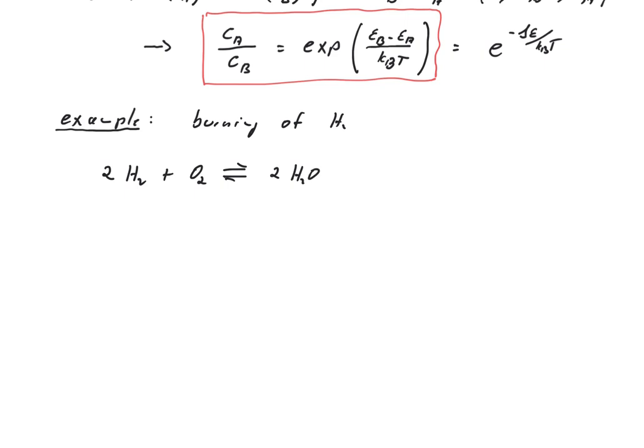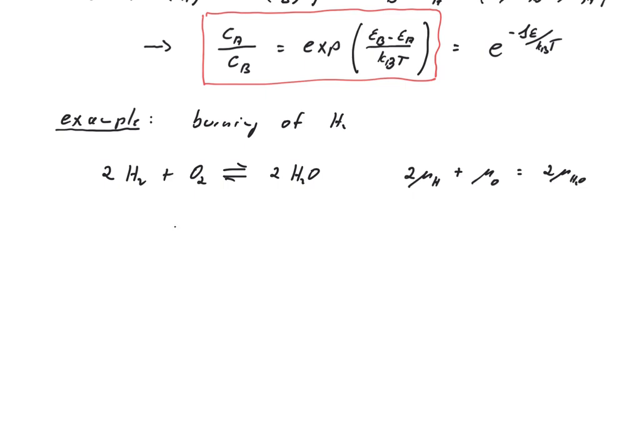Now, in terms of the chemical potential, what we need to consider here in equilibrium is that the left-hand side, characterized by a chemical potential of 2 times mu H2 plus mu of the oxygen molecule, must be equal to the product side, which is 2 times the chemical potential of a water molecule.